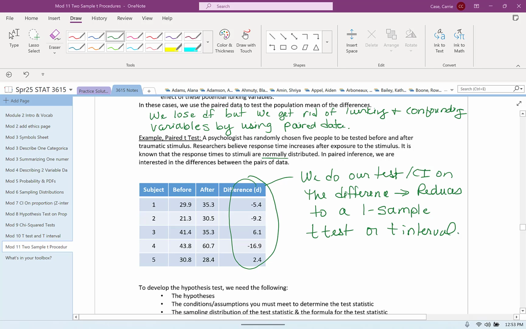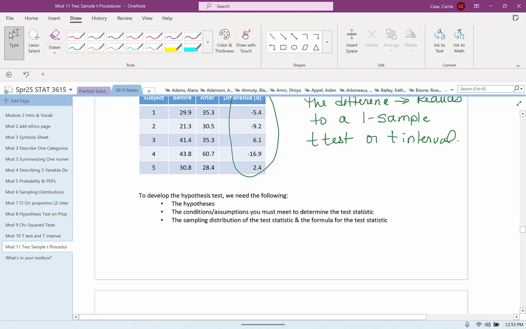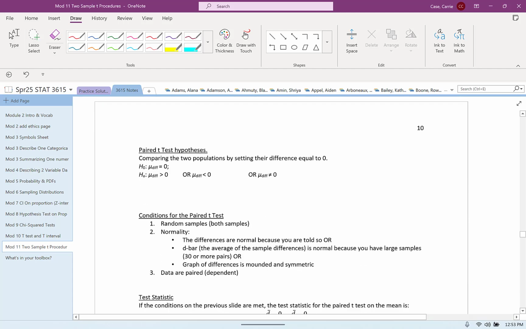So once we calculate the differences, it's just a one sample test or a one sample interval. So to develop the hypothesis test, we still need our hypotheses, our conditions, and our sampling distribution.